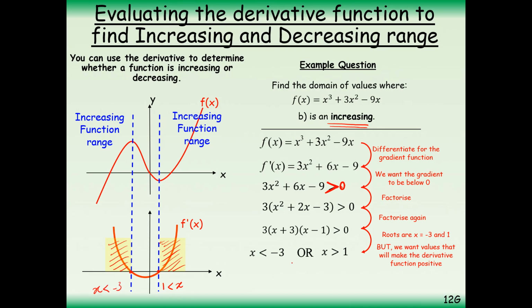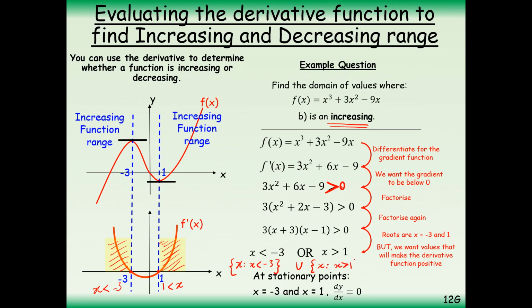This is a disjoint set, so if you had to use set notation, you would write it as x less than -3 union x greater than 1, and use the union symbol because that means or. Okay, so that's just a review of set notation for you.